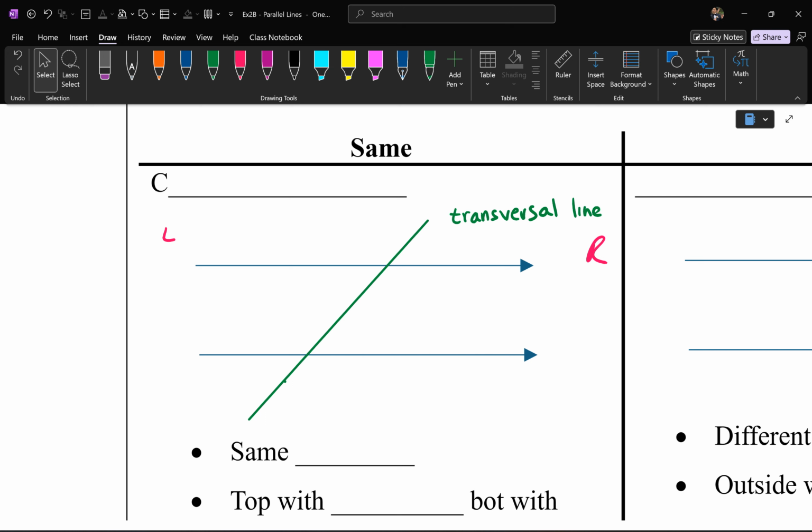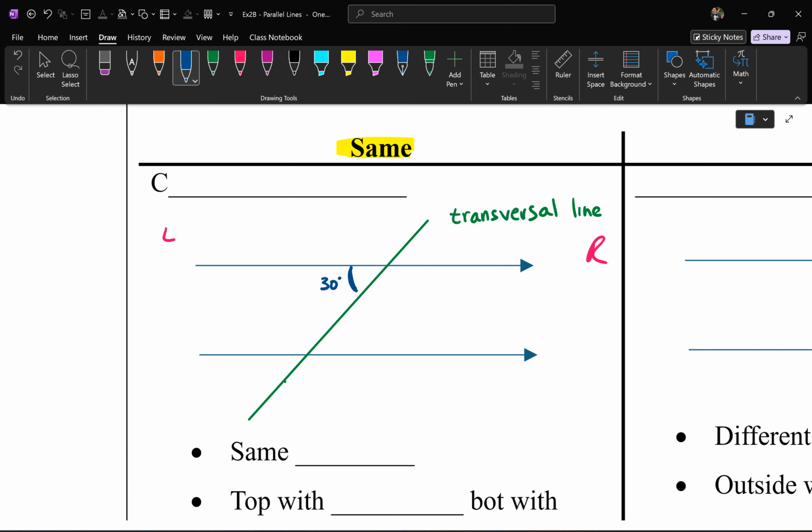Now, the reason why I have same and different is to help you organize which types you're going to be. And the easiest way to remember it is, if the 2 angles that you have are on the same side of the transversal line. So here's an example. If I have an angle here, and I call that angle A. Actually, I'll give it a number just to make it easier for you. Let's call that 30 degrees because it's roughly an acute angle. So let's call it 30. Then that's on the left side of the transversal line, right?